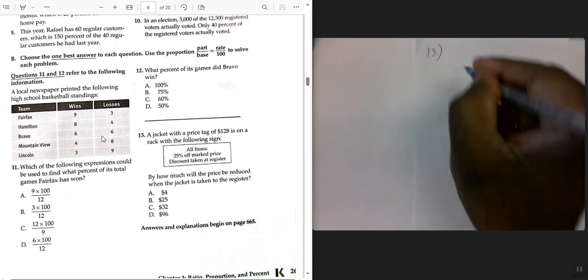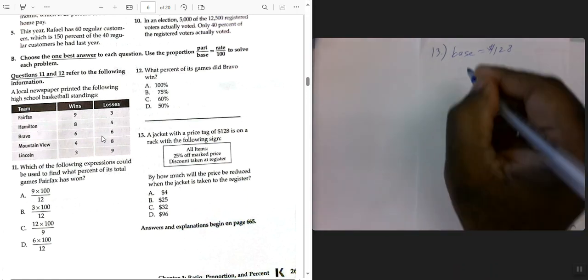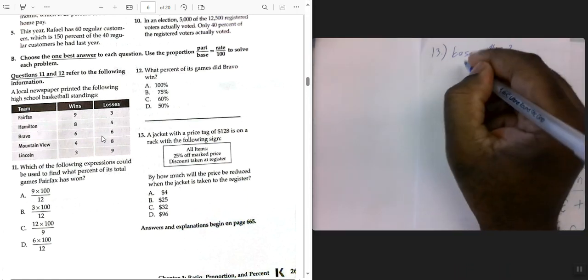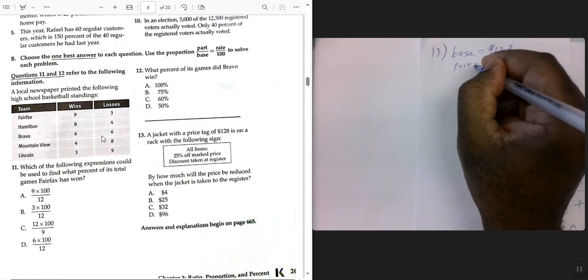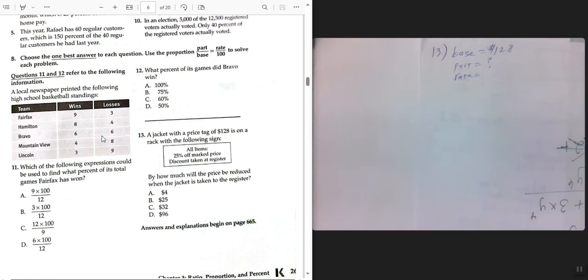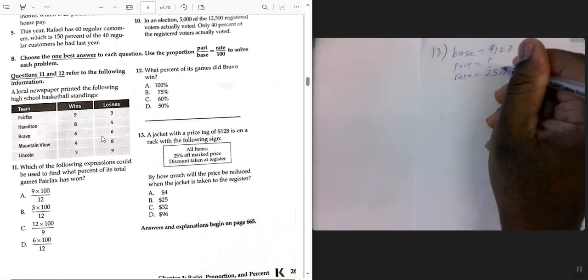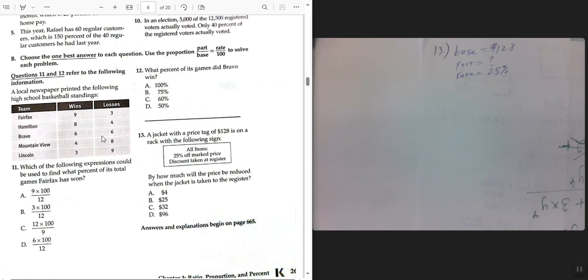So we know $128 is our base. Now, we don't know what the part is, because that's what we're trying to find. And then we have our rate, which is 25%.